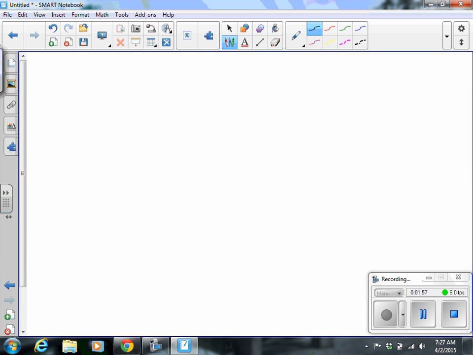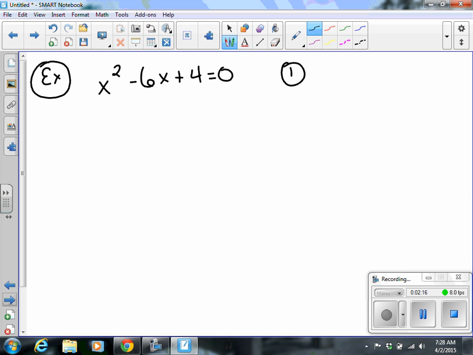Okay, so let's go ahead and get into a solving situation. So for instance, x squared minus 6x plus 4 equals 0. My first step is to make sure that a equals 1.